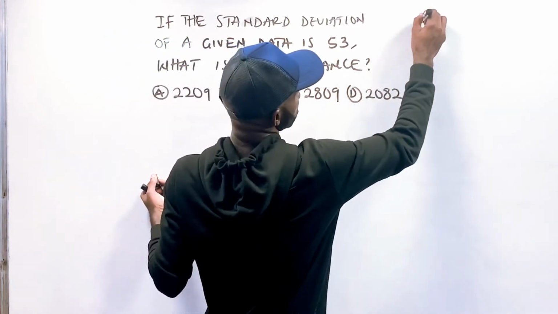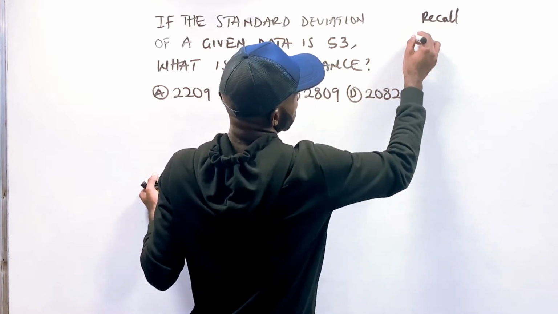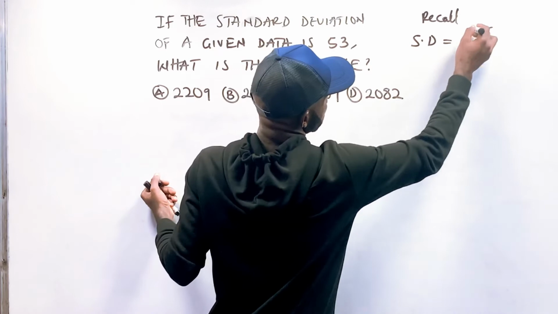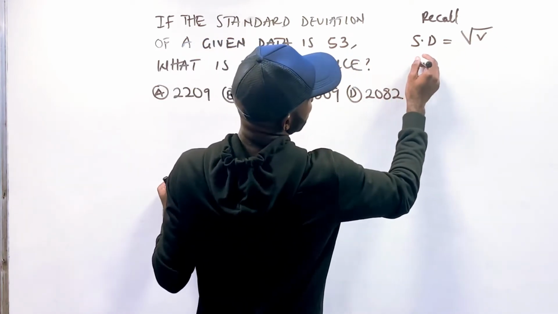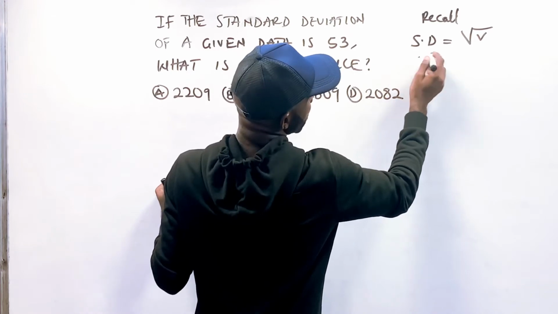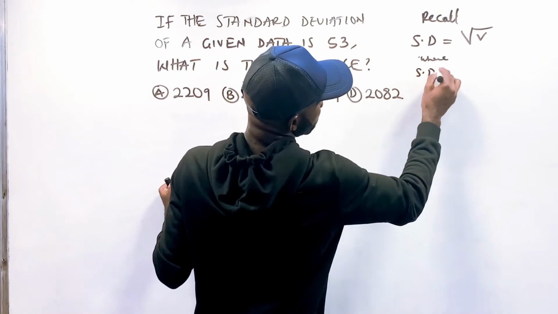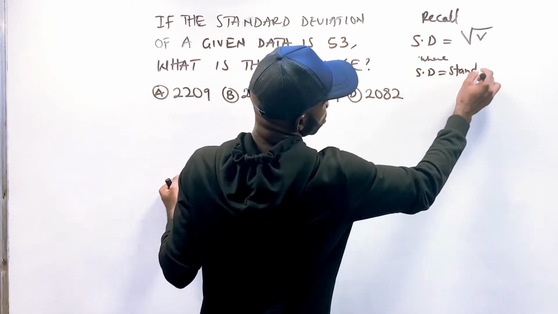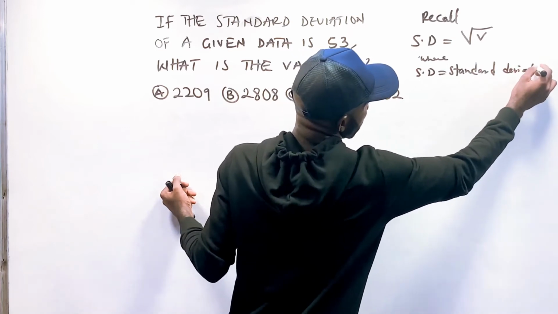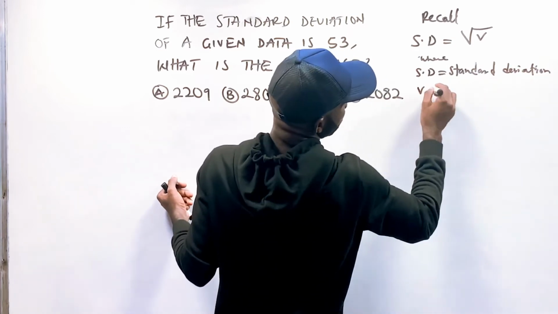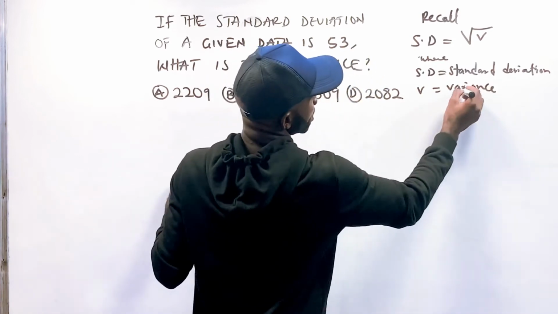Let's bring that knowledge back, because SD is equal to square root of V, where SD is equal to standard deviation, don't forget for clarity, and V is equal to variance. Please, let's take note of that.